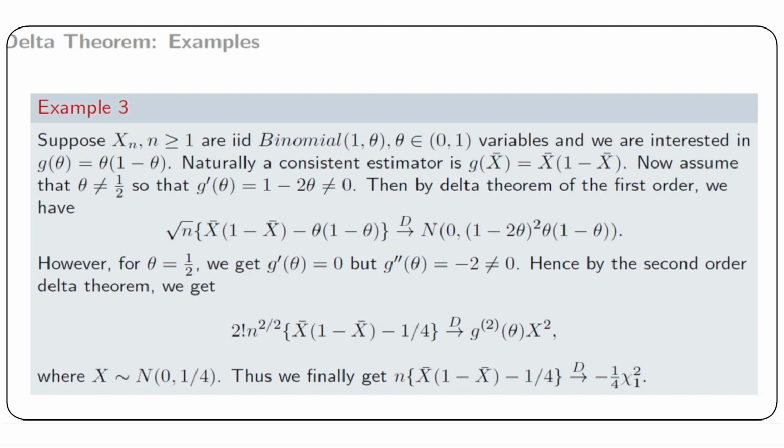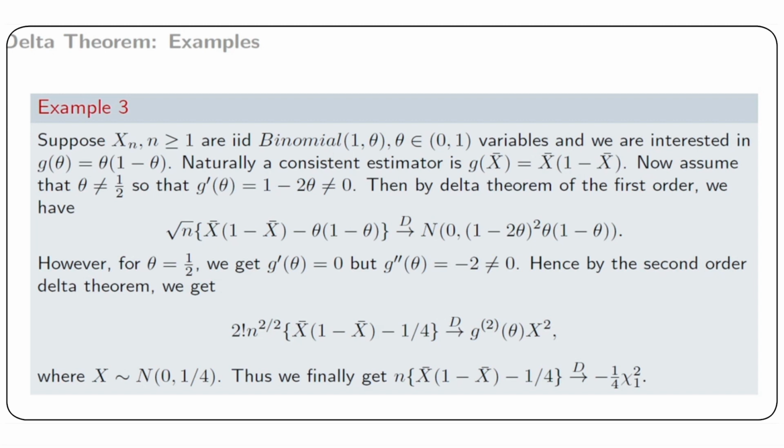However, for theta equal to half, we get g dash(theta) equal to 0, but the second derivative of g at theta is a constant, that is minus 2. Hence, we have to apply the second order delta theorem in order to get the large sample distribution in this case.